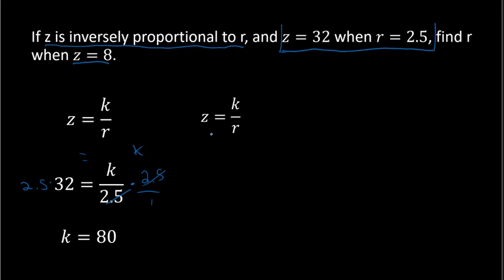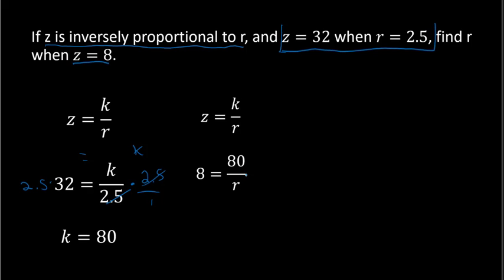So here I have 8 for z, so 8 equals 80 divided by r. Now from here we need to solve for r. And there's different ways you can think through this, because this is a little different where r is in the bottom. So bottom line, I need to get rid of the r in the bottom.